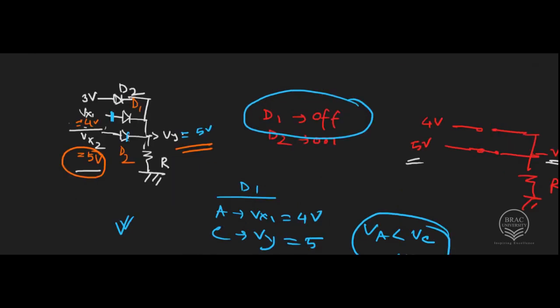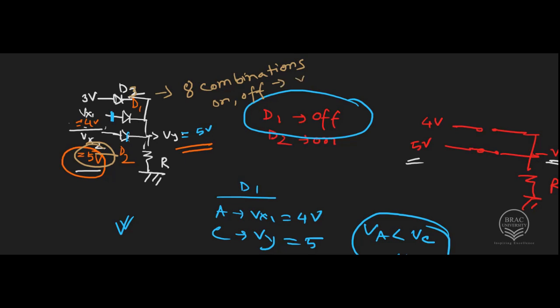You can also analyze this circuit, where I have considered 3 diodes D1, D2 and D3. Here, as there are 3 diodes, there can be 8 combinations, and if you analyze the circuit, you will find that only when the diode with 5 volt is on and the other 2 are off, only then the conditions will be satisfied.